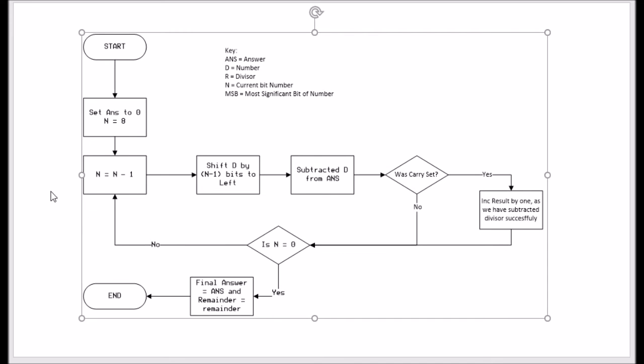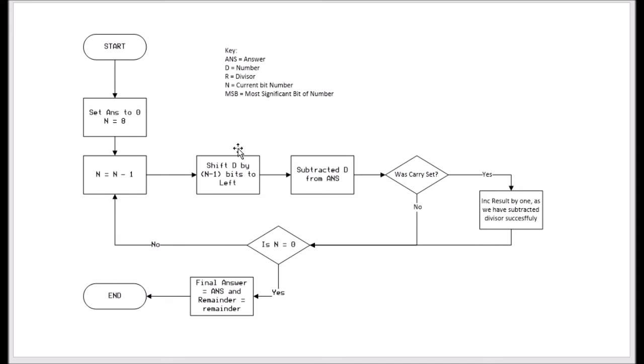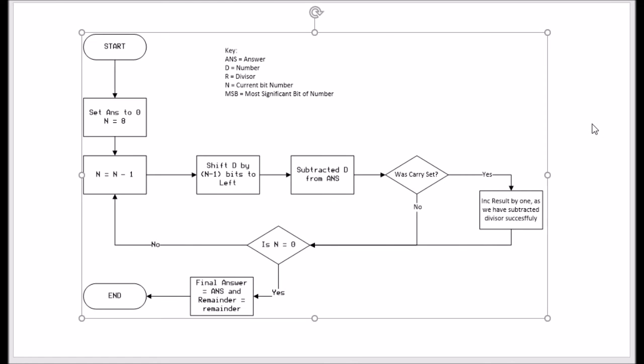Then we take 1 off the counter and logically shift left, so we effectively multiply into the most significant bit, high byte. The most significant bit then drops into the carry, and then we subtract the divider from our number.